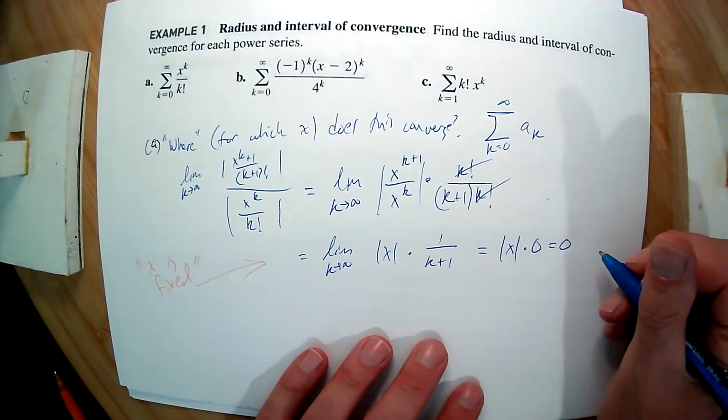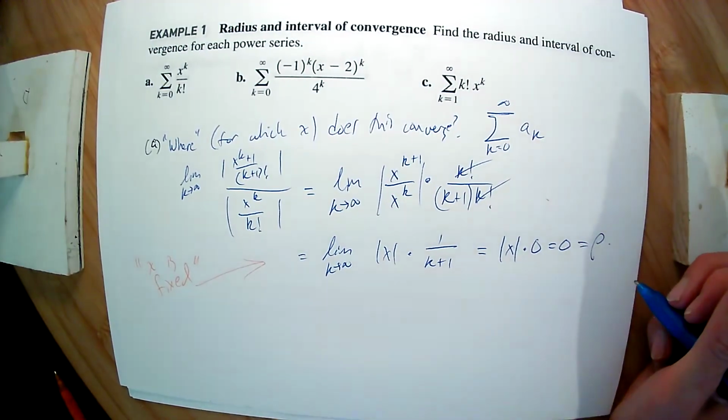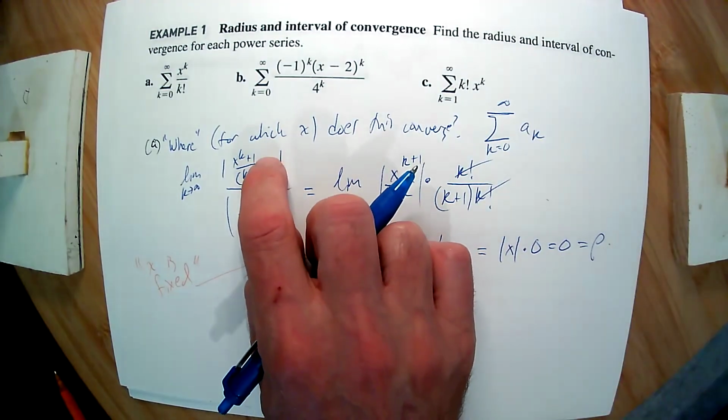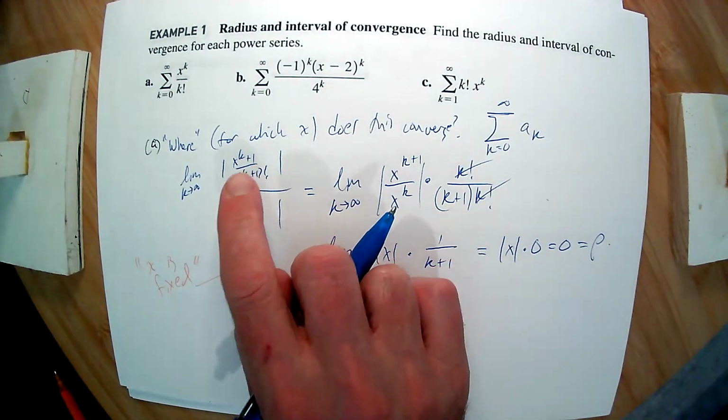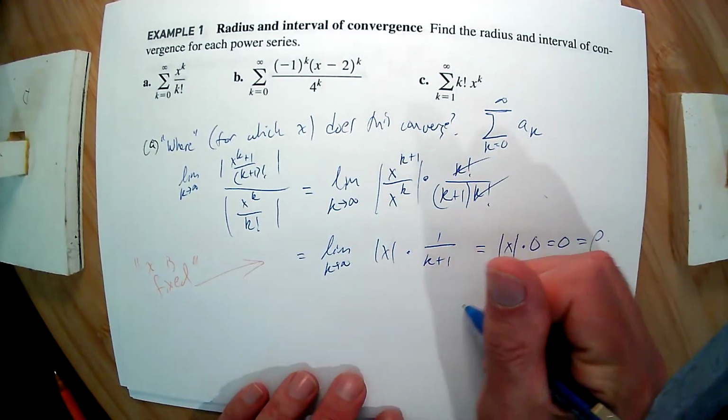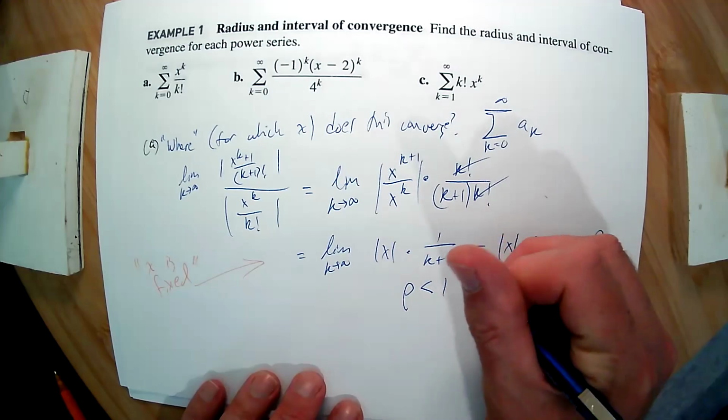So we've just computed rho, the limit of the k plus first term divided by the kth term in the ratio test. Since we got 0, and 0 is always less than 1, rho is less than 1 for all x.